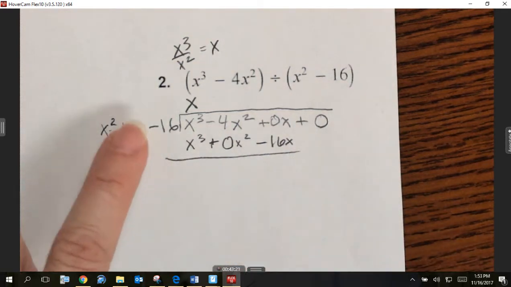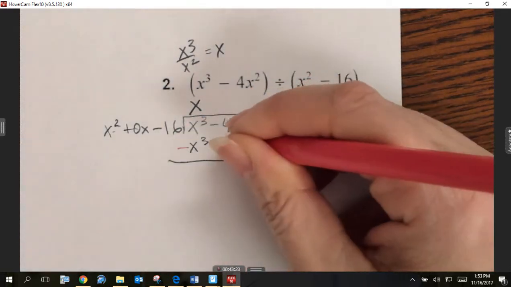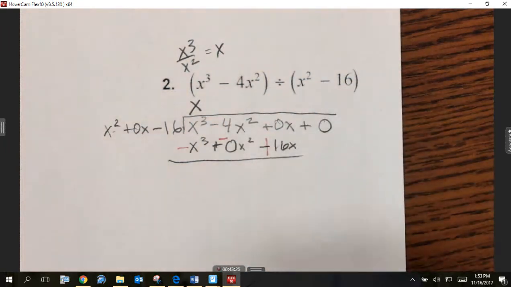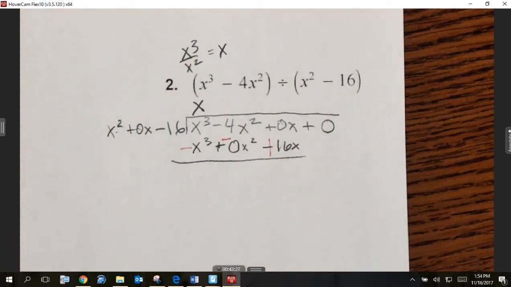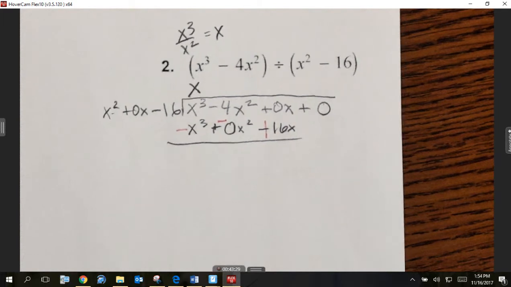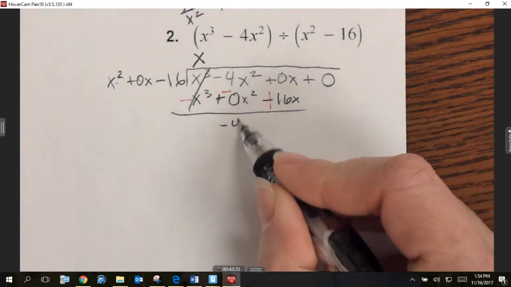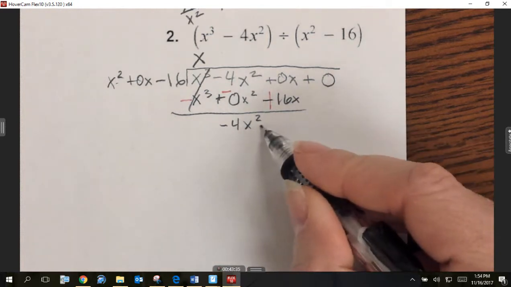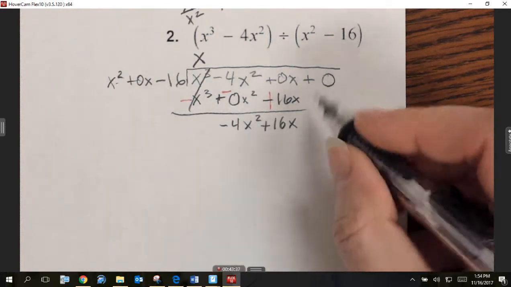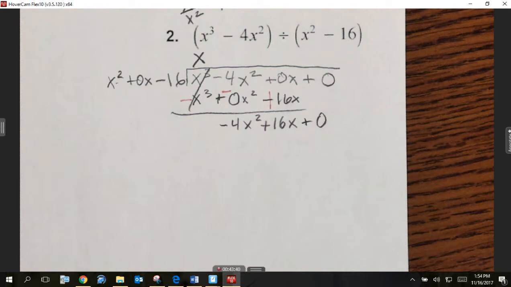And then draw the line, change the signs. I now have negative 4x squared plus 16x, bring down 0. Do I really have to bring down 0? I would.